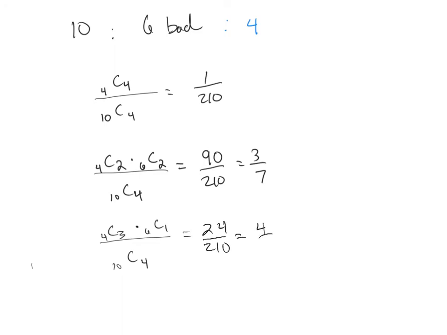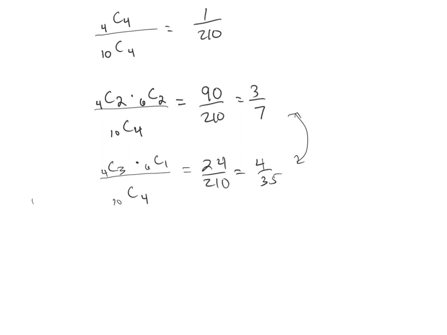Reduce that to 4/35. Since we want at least 2, we need to then add these 2 probabilities together, because we want at least 2. So that means we have to have 90 plus 24, at least 2.